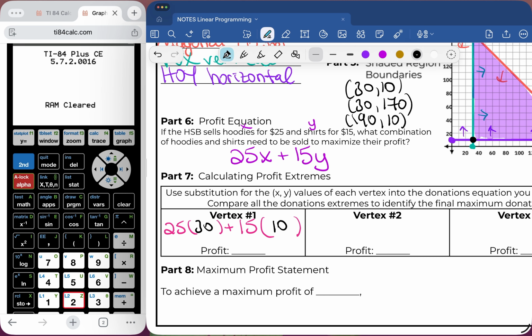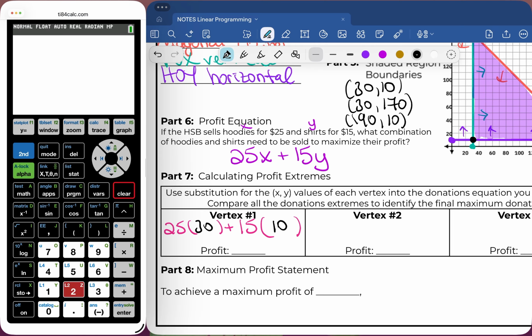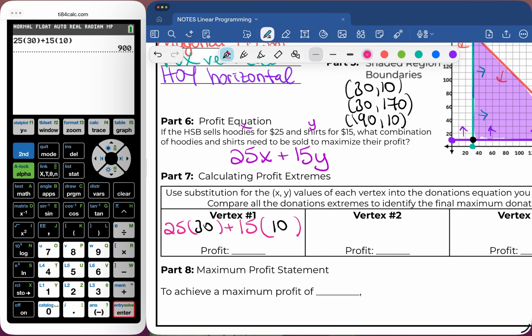So we're going to type that into our calculators. Let's see. Looks like mine kind of froze. There we go. All right, let's do 25 times 30 hoodies plus 15 times 10 shirts. And we have $900 for one of our profit extremes.